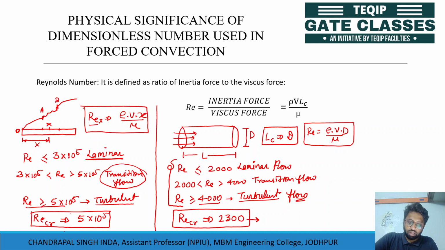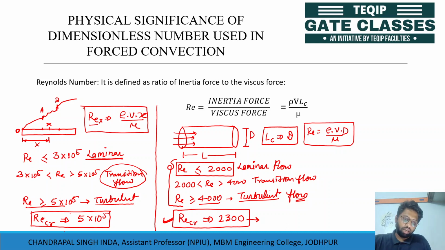If the question asks what is the value of Reynolds number for laminar flow, then we have to choose the earlier answer. But if the examiner asks about the critical Reynolds number, then we will choose this option. The critical Reynolds number value for internal flow is 2300.